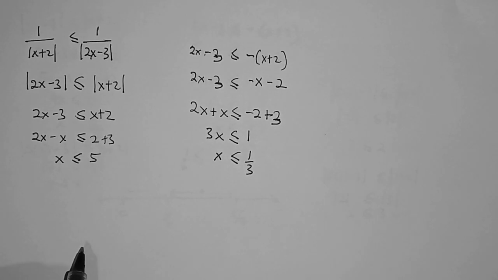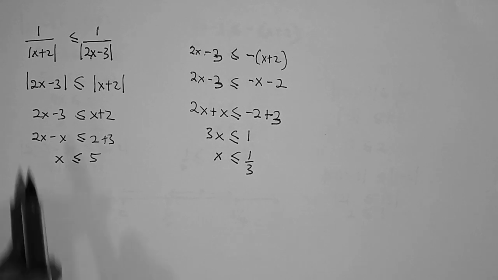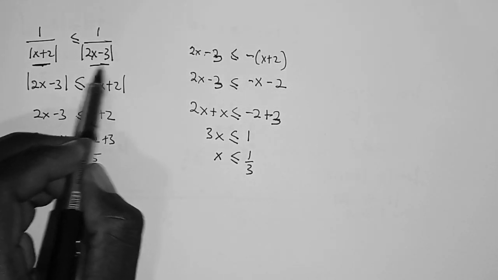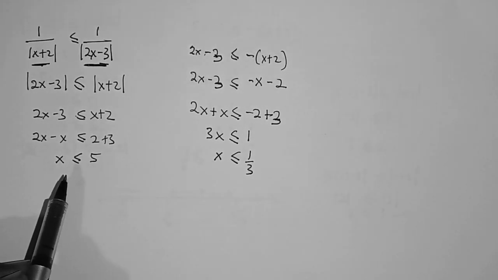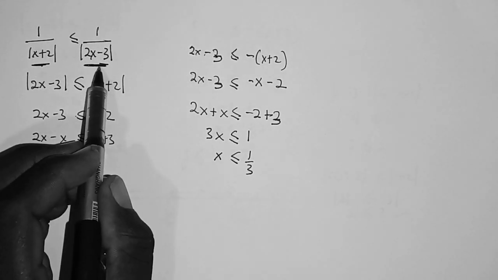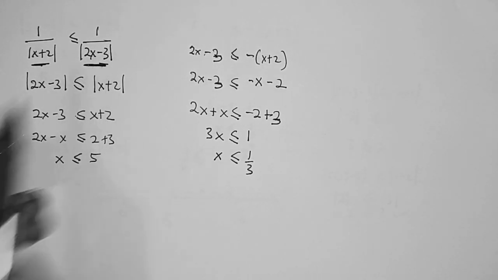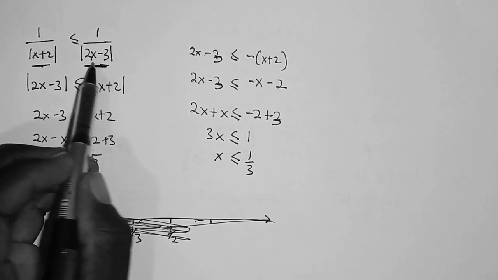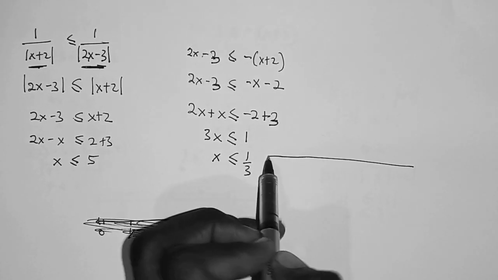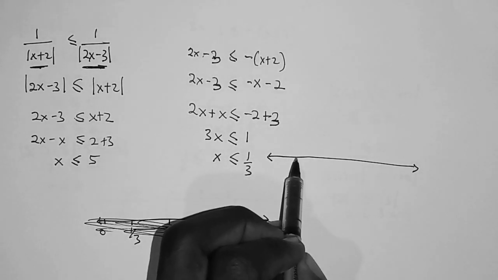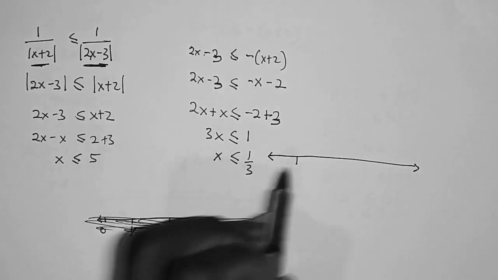So let's represent this on the number line and find the range of values of x. But you can see that the inequality is limited to this constraint. That is, the value of x cannot be minus 2 or 3 over 2. So if we try to represent this on the number line, x should not be equal to minus 2.